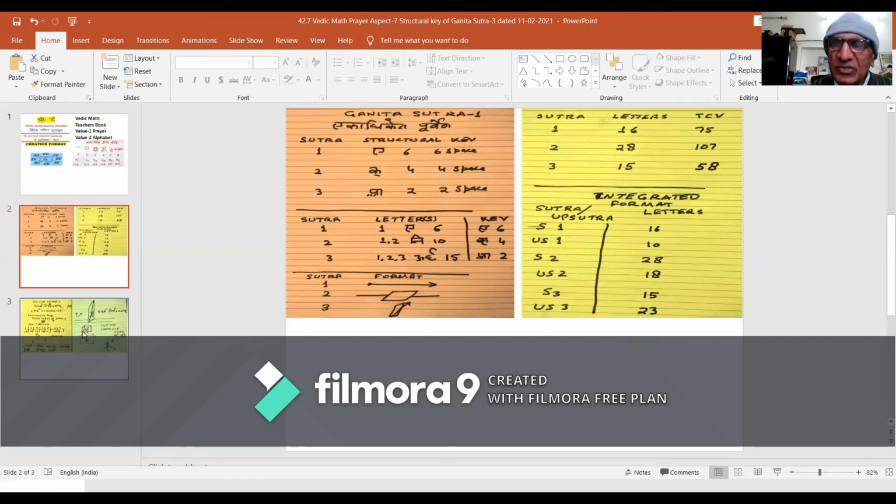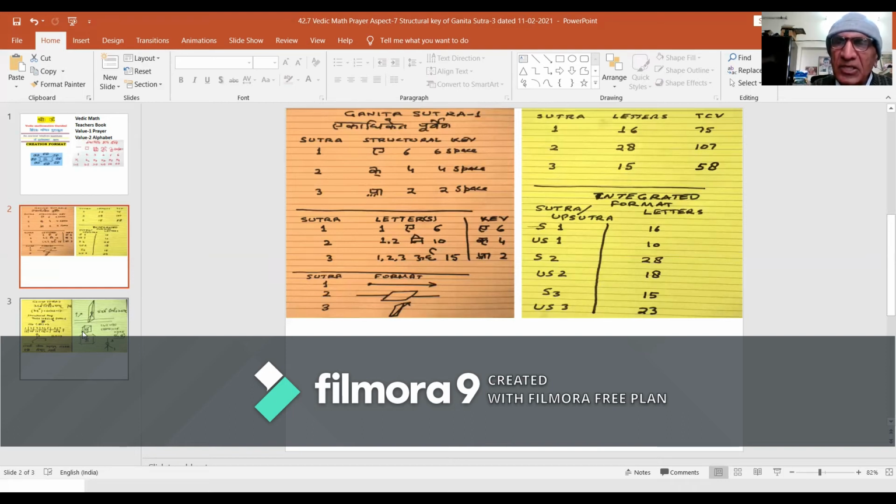The second sutra, Nikhilam Navatashcaramam Dashatah, with its working rule, all from 9 and last from 10, depicts a progression inward from both sides of an interval and having a surface format for the middle point.